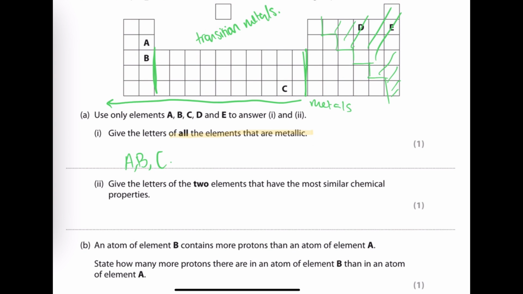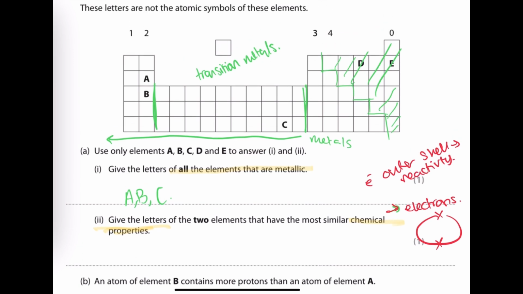Give the letters of 2 elements that have the most similar chemical properties. When we are talking about chemical properties, we talk about electrons. And the exact type of electrons that we are talking about are the electrons in the outer shell, because the electrons in the outer shell are the ones that determine the reactivity, their chemical properties.